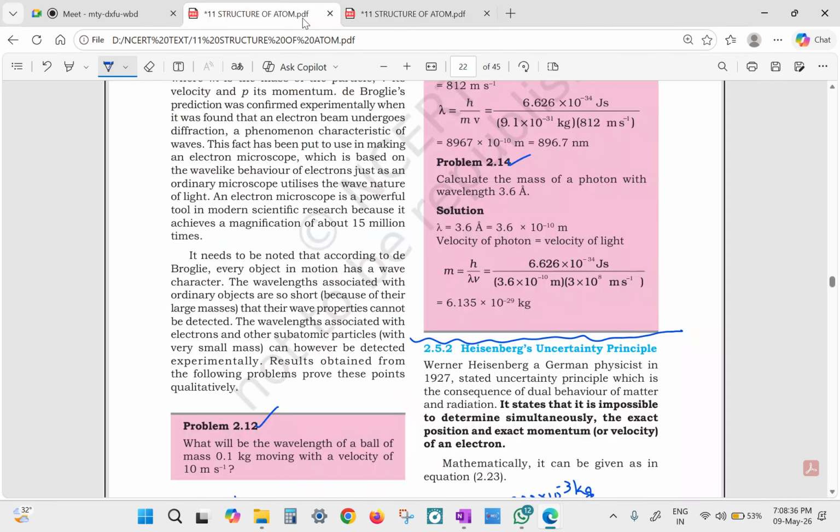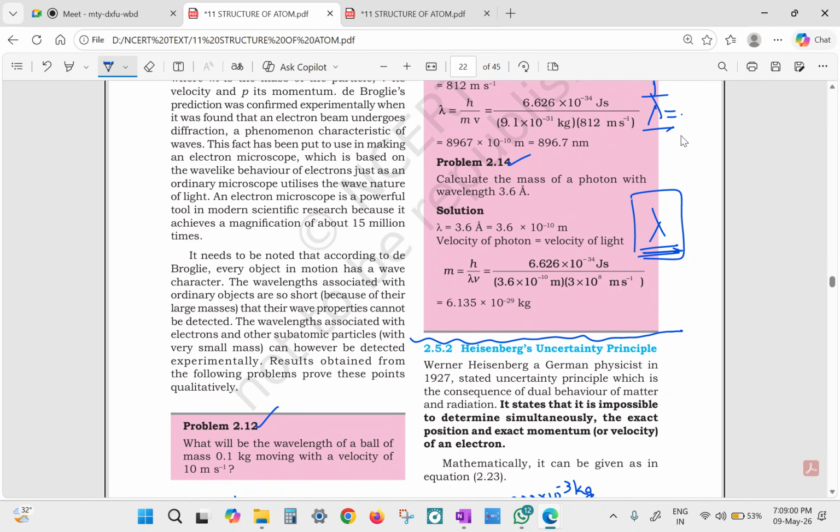Again, one more thing, a caution here. Here also wavelength is there. Is this wavelength concept the same as the wavelength in 1 by lambda is equal to 1.09677? What is this lambda for?